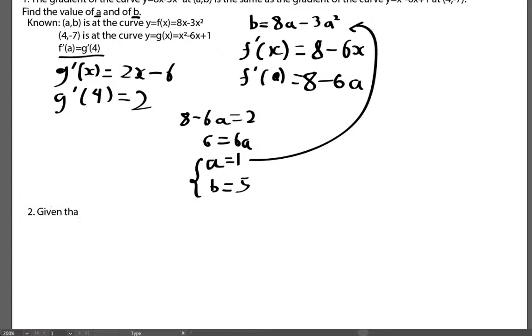Given that y equals to, I don't know how to write this in a more great way, but I guess I'll just write it like this because I don't have the tools. Something like that. Square root of x minus 2.